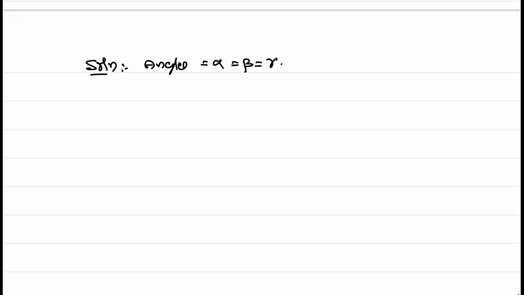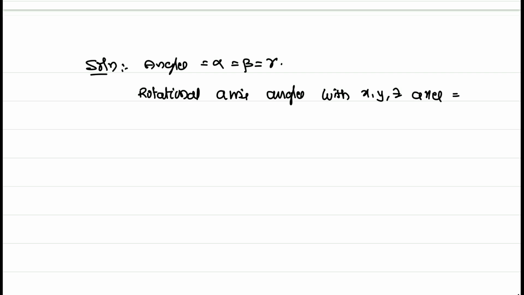The axis of rotation is the axis which is making an equal angle with the X, Y and Z axes. The rotational axis angles with the X, Y and Z axes are equal to alpha.